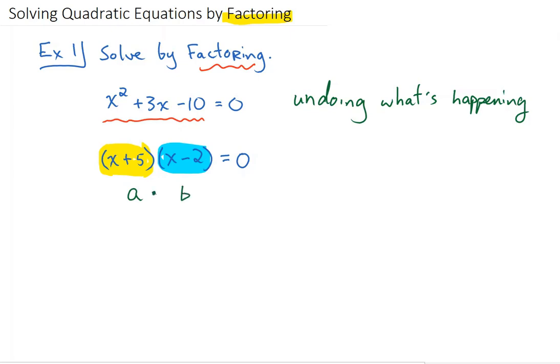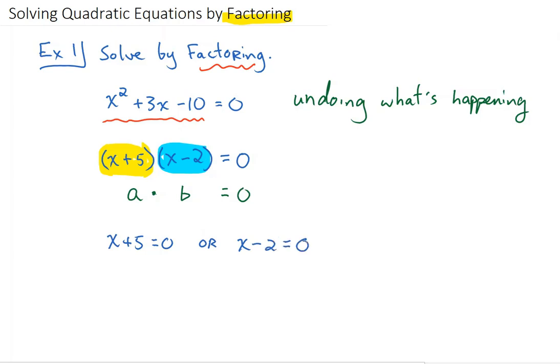That's a value. x plus 5 is a mysterious value, just like a is a mysterious value. And I can say that a times b equals 0. And this is where our zero factor property comes into play. If a times b equals 0, then either a or b equals 0. So what that means with my equation is that I can say x plus 5 equals 0, or x minus 2 equals 0. One of those guys has to be equal to 0.